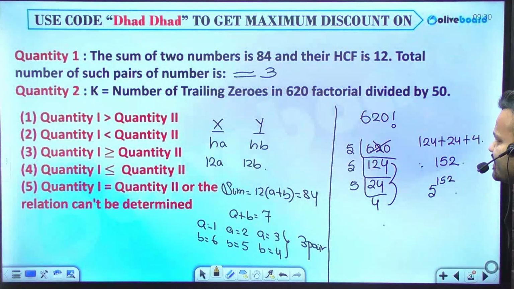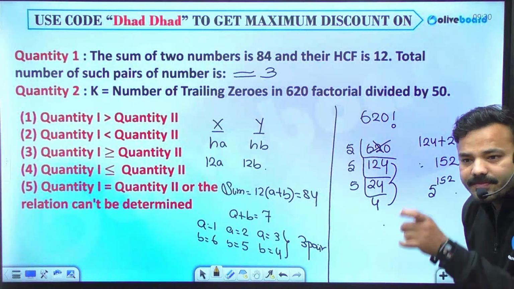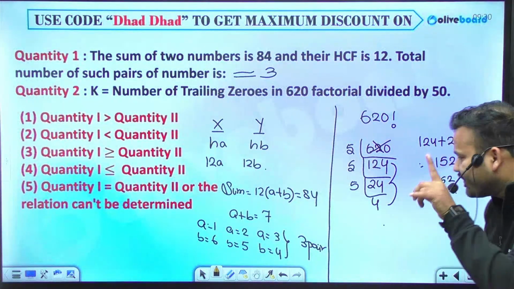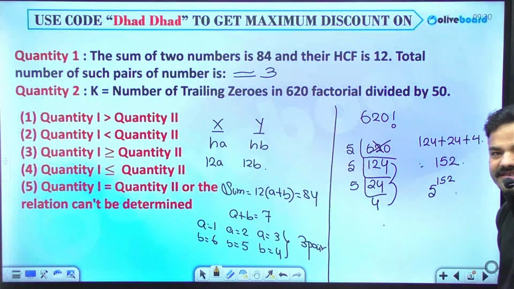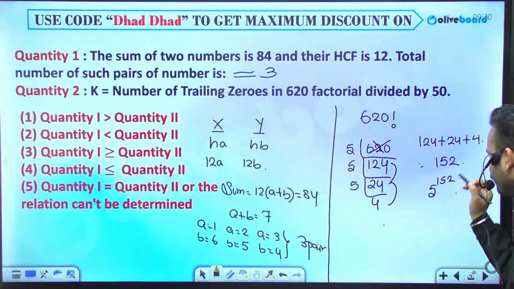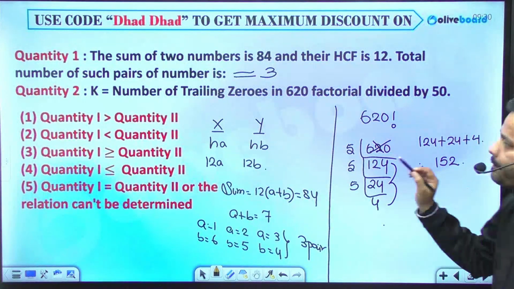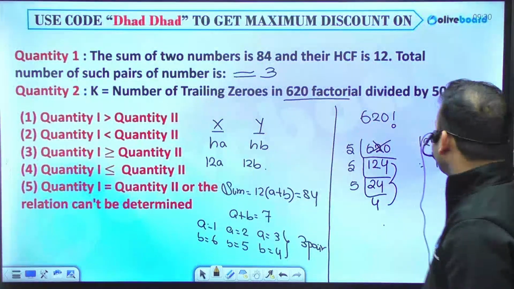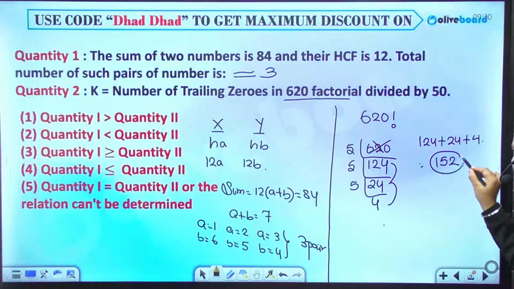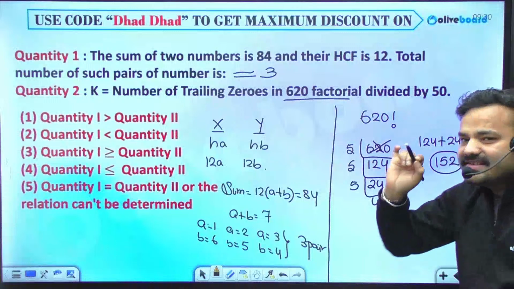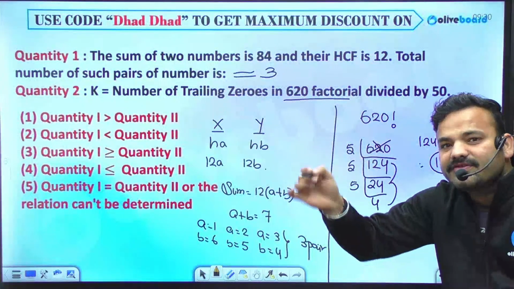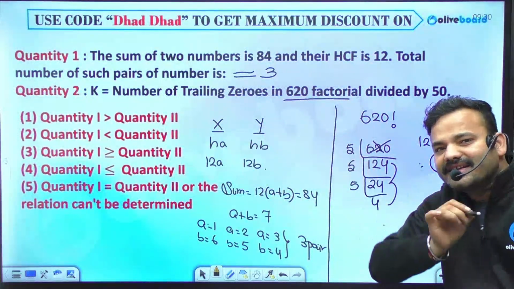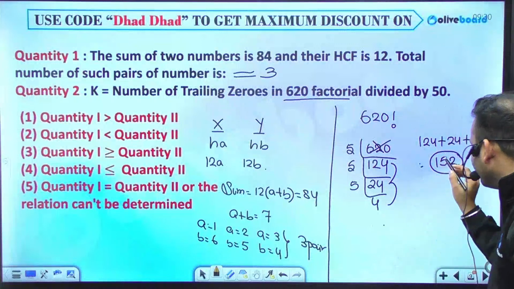In 620 factorial, 620 factorial में number of 5 कितने होंगे, 152. Hence the number of zeros will be 152. So number of zeros is 152, but K equals number of trailing zeros in 620 factorial divided by 50. So number of trailing zeros कितने होने वाले, 152. In 620 factorial में number of zeros जो होंगे, trailing जो होंगे right hand side में, जो number of zeros निकल कर आएंगे वो 152 आएंगे.